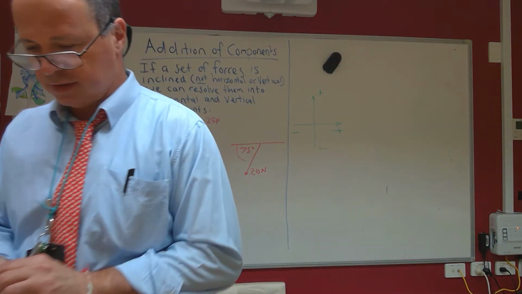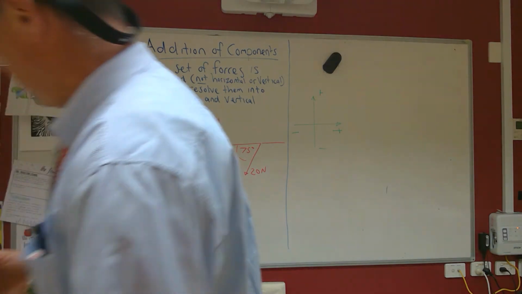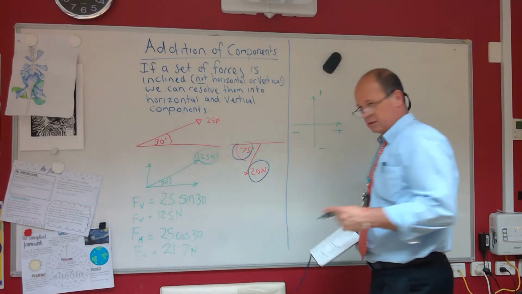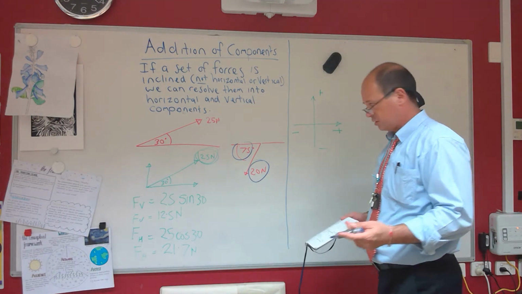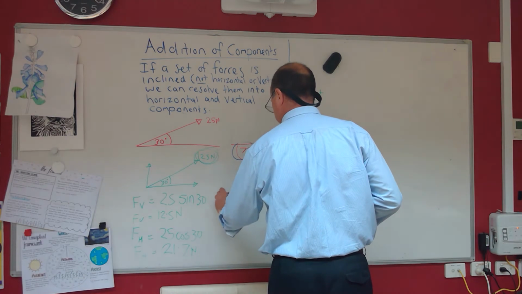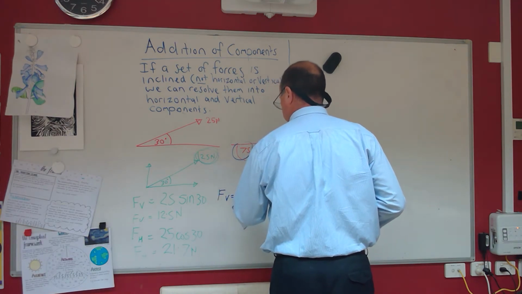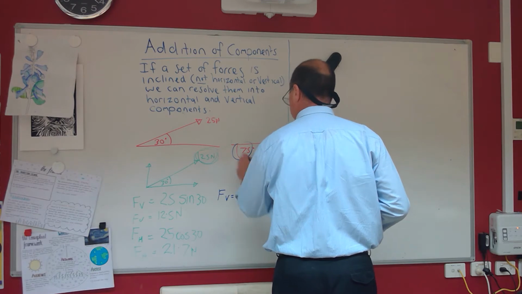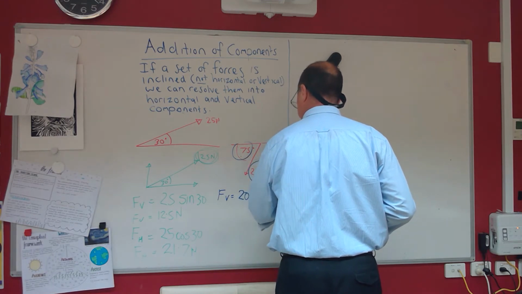It might change colours for the next one. For this one here, we've got an angle and we've got a force. They're the two things we use to resolve this situation. So we're going to do exactly the same thing. Force vertical is equal to, this time it's 20 newtons, times the sine of the angle, which is 75 degrees this time.